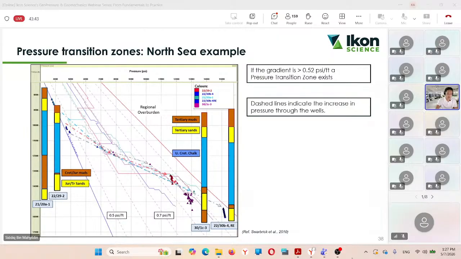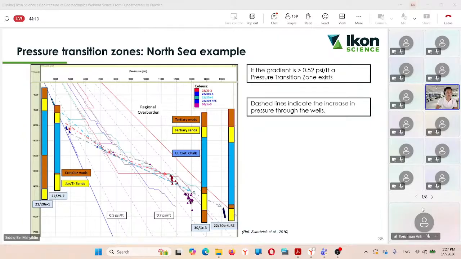At the bottom over here, we have high overpressure, following a gas gradient probably. But over here, in between, in the chalk, this is a very high gradient, above 0.5 psi per foot, and over here it is up to 0.7 psi per foot. So this is what we would call a pressure transition zone.